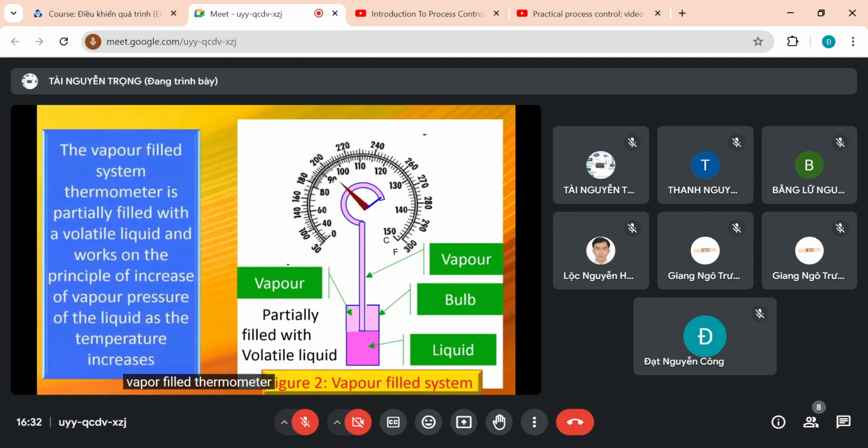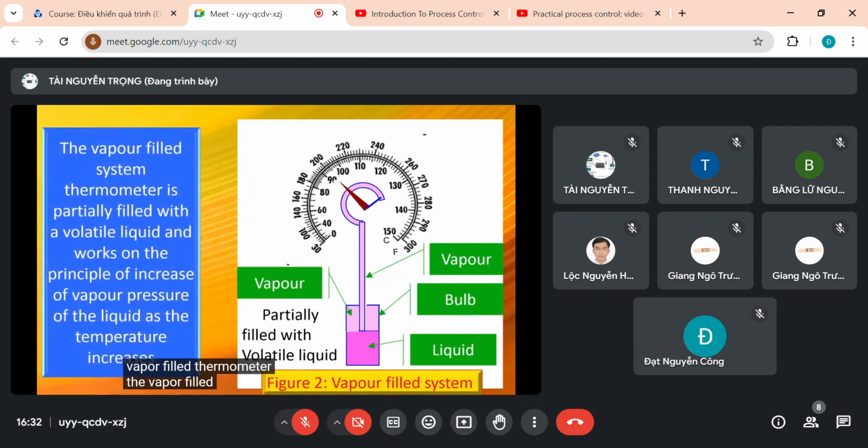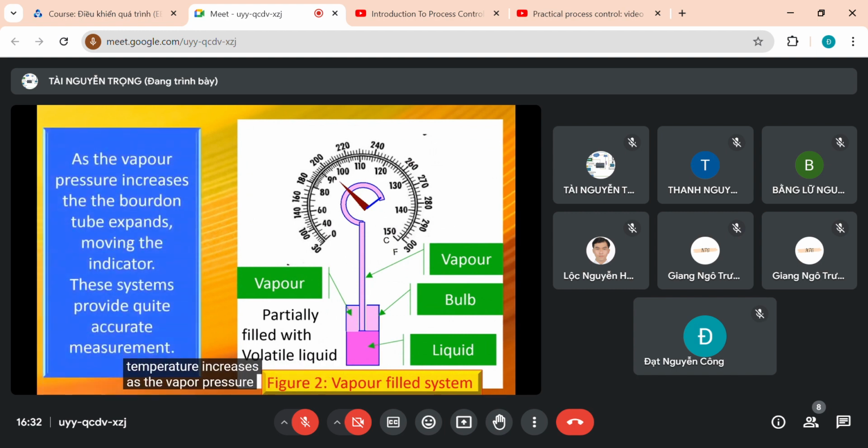Vapor-filled thermometer. The vapor-filled system thermometer is partially filled with volatile liquid and works on the principle of increase of the vapor pressure of the liquid as the temperature increases. As the vapor pressure increases, the Bourdon tube expands, moving the indicator. These systems provide quite accurate measurement.